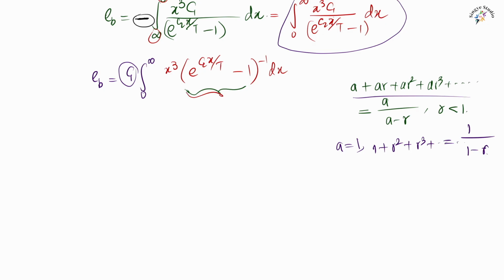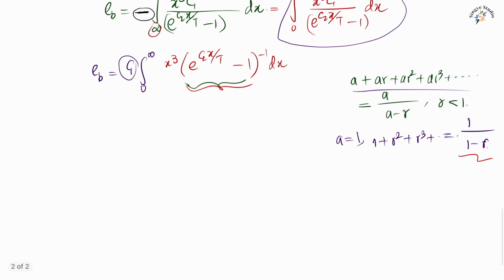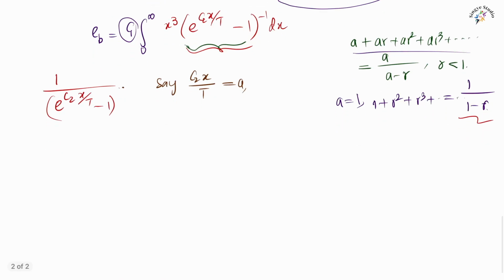Now I have to modify this into this form. To do that, I start with 1 divided by e raised to c2 x by t minus 1. For simplification, I can say c2 x divided by t equals a. Then our expression has now become 1 divided by e raised to a minus 1, right?